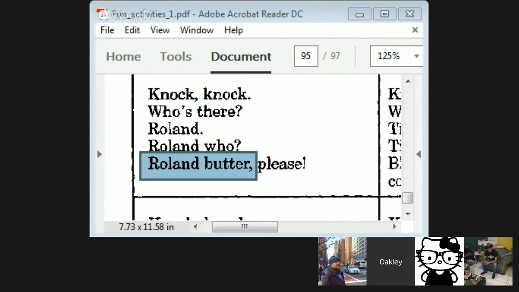Because we very closely join "and" to other words. We very closely join the vowel sound in "and" to the ending consonants in other words. If you think about it, salt and pepper, black and white, right? This is a very common feature of English. We use this feature to create this stupid pun.